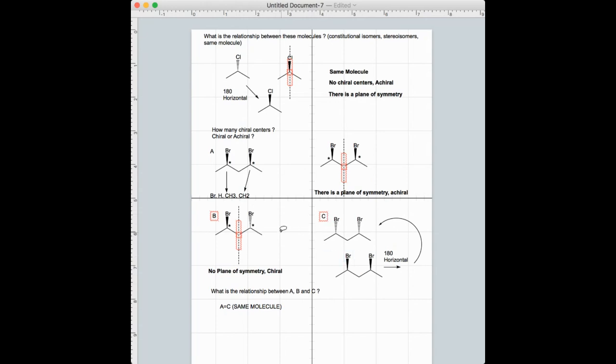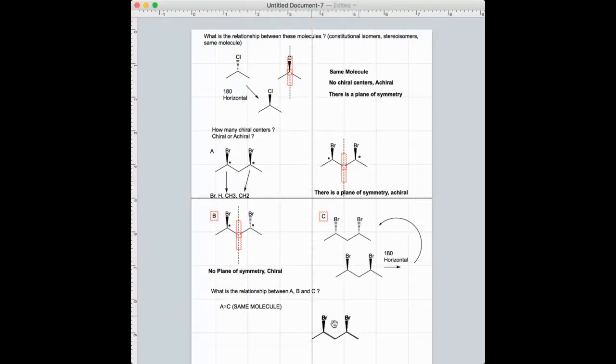Or C and B, A and C are the same, remember. Okay, so I'm going to draw the molecule. So here is molecule B. Here is the other one, A or C, because they are the same, okay? So the carbon pattern is the same for the carbon chain.